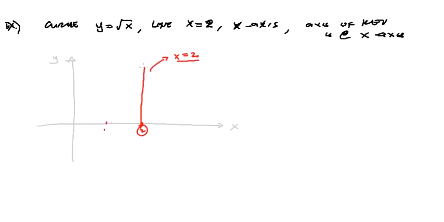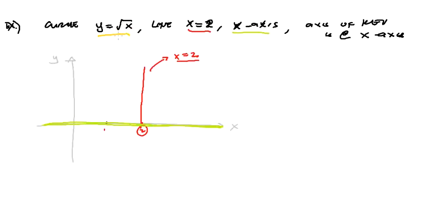Imagine that it is a straight line. Then we have the x-axis as our boundary, and then our curve y is equal to square root of x.